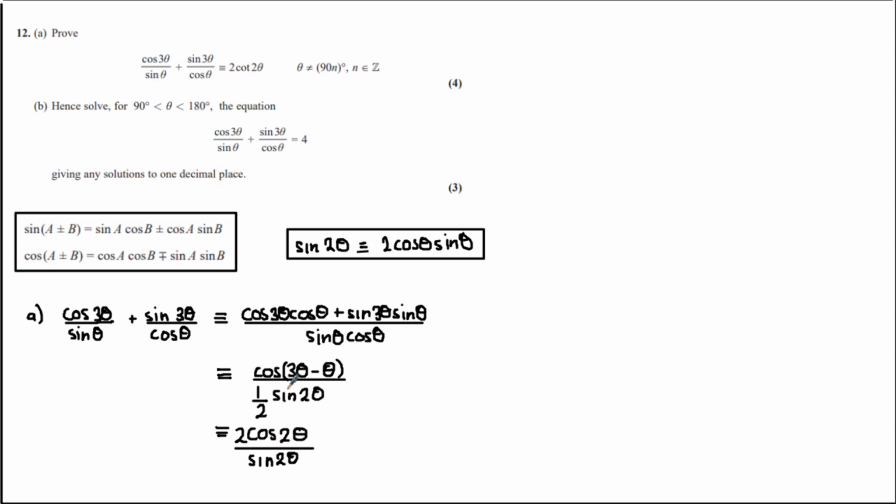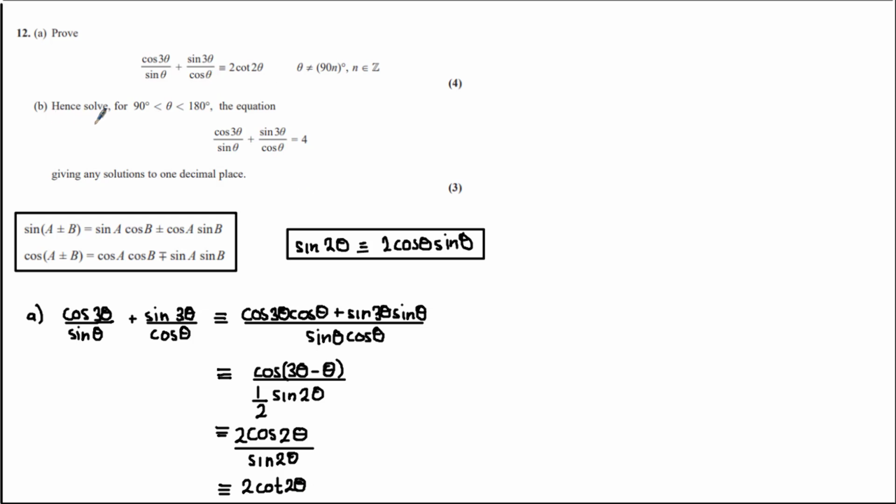The 2 theta comes from 3 theta minus theta, all divided by sine 2 theta. And so we can simplify this even further, because we should know that tan of 2 theta is equal to sine 2 theta over cosine 2 theta, and therefore the reciprocal would be equal to cot 2 theta, and therefore this expression is equivalent to 2 cot 2 theta, which proves the result.